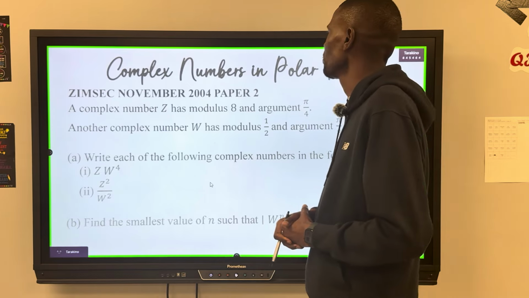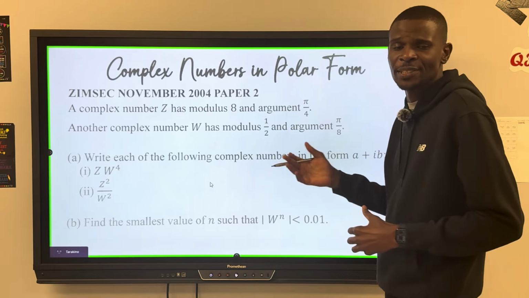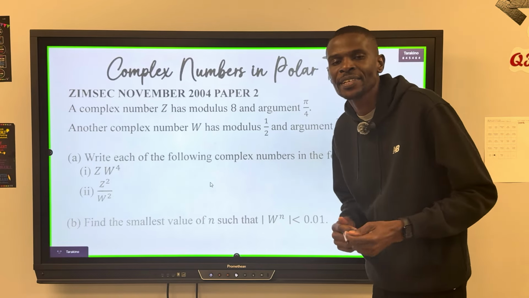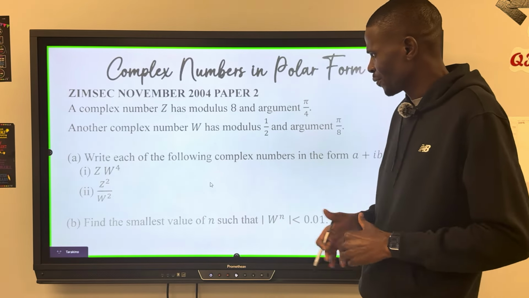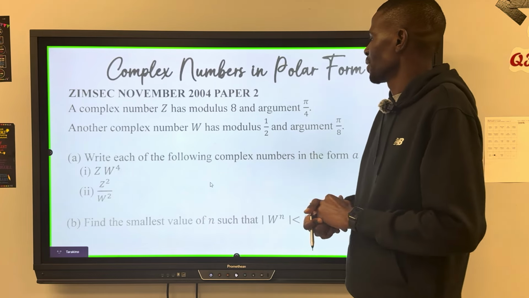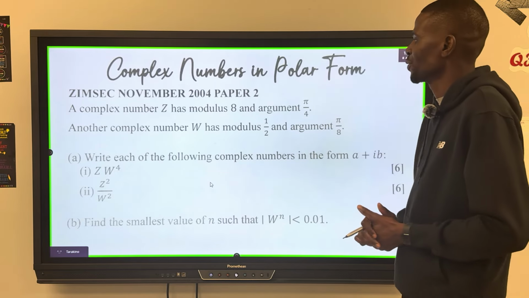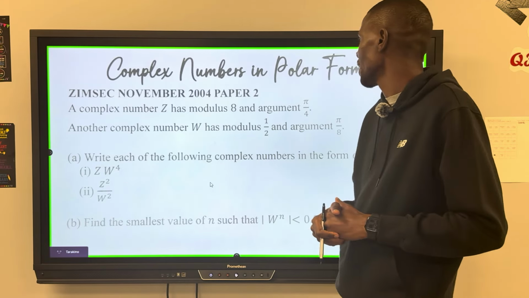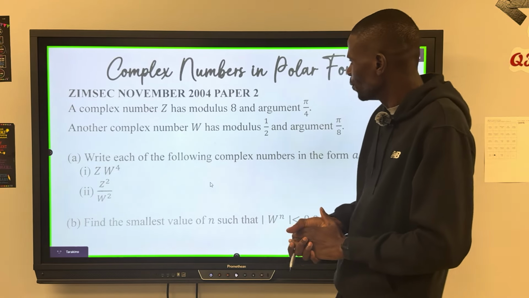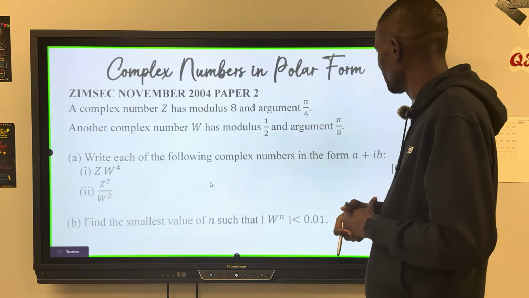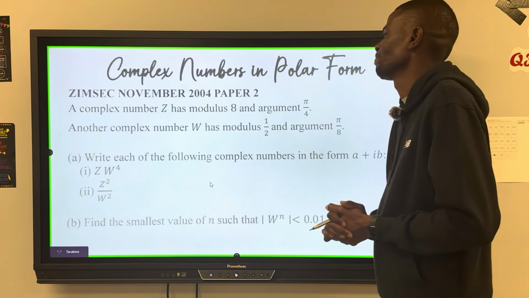We have a problem on complex numbers expressed in polar form, and we are also going to apply De Moivre's theorem to solve this problem. It's a ZIMSEC November 2004 paper 2 problem, which reads: a complex number z has modulus 8 and argument pi over 4. Another complex number w has modulus 1/2 and argument pi over 8.